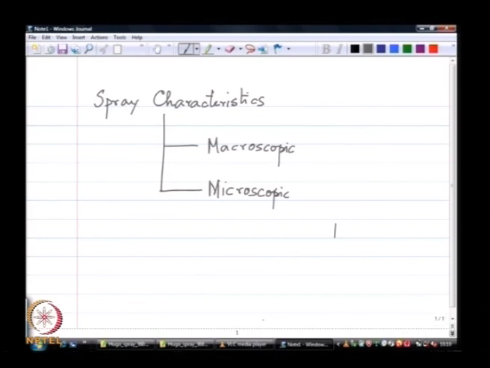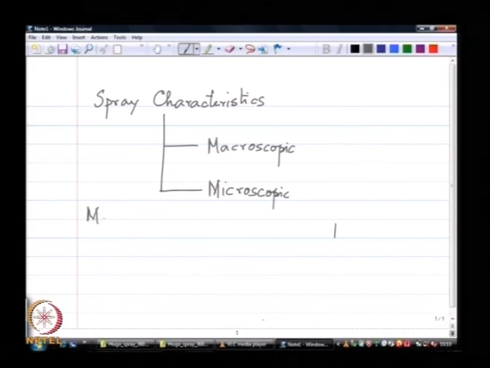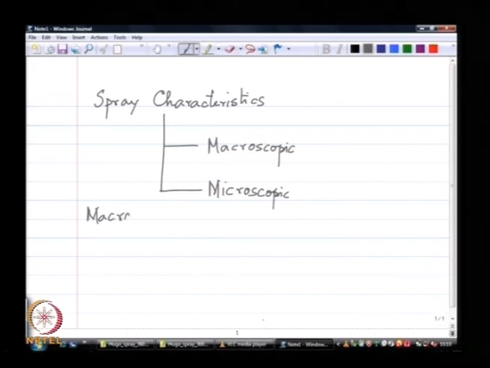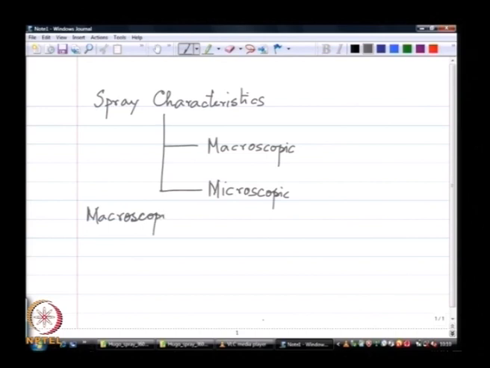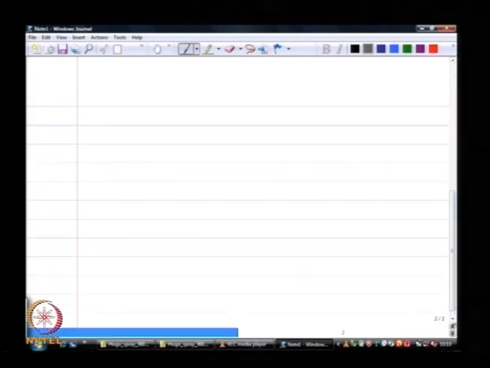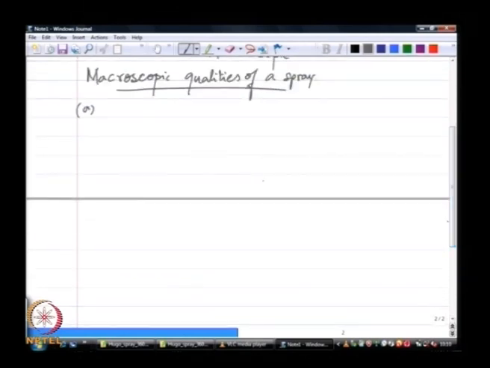We will make a list of a few different macroscopic qualities first, and then move on to the microscopic qualities.